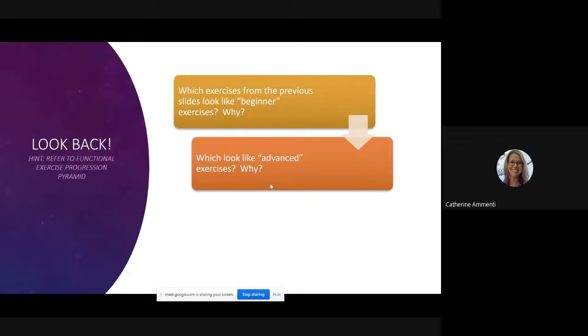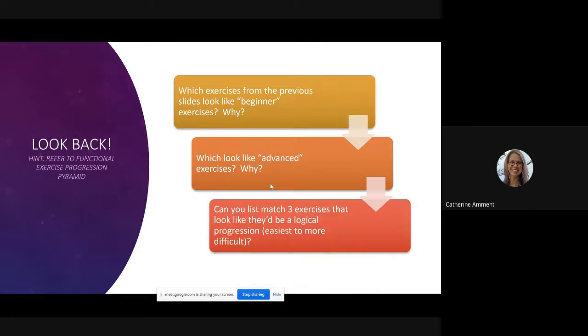So if we're talking about thoracic mobility, what would be a beginner exercise for thoracic mobility? And if the patient is tolerating that really well and they've been doing it for a couple of visits, how can you progress that? What's going to be a more advanced version of that? So I want you to think about that because we will be discussing matching 3 exercises that look like they would be a logical progression.